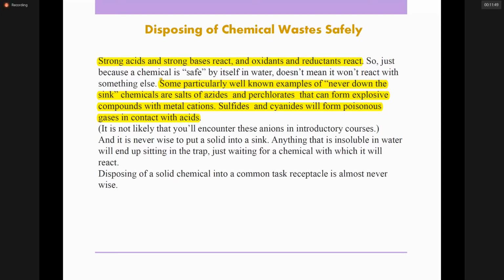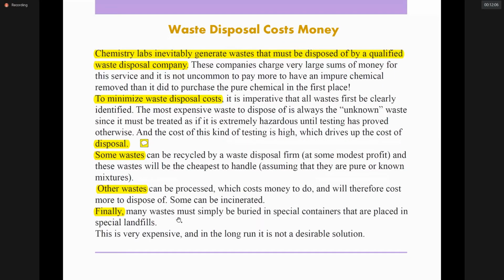If there is a solid material, you must dispose of it. How? In the waste container in the lab. Waste disposal costs money.